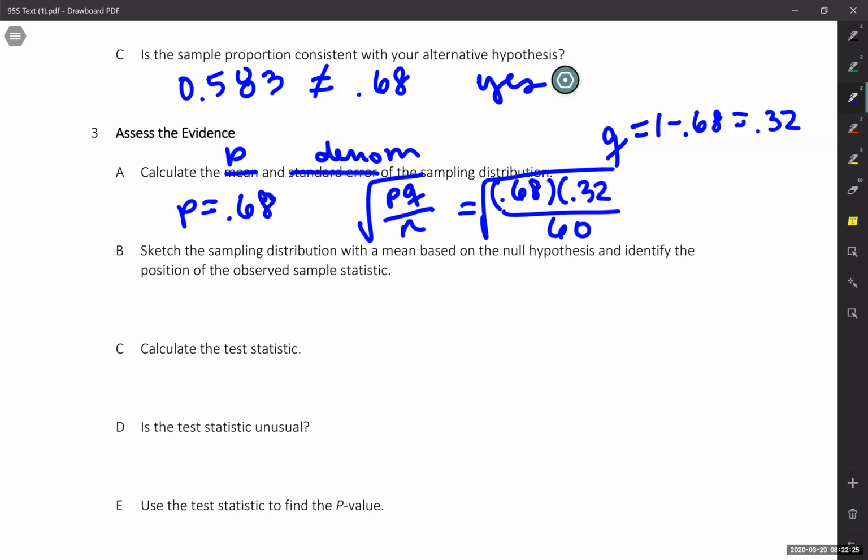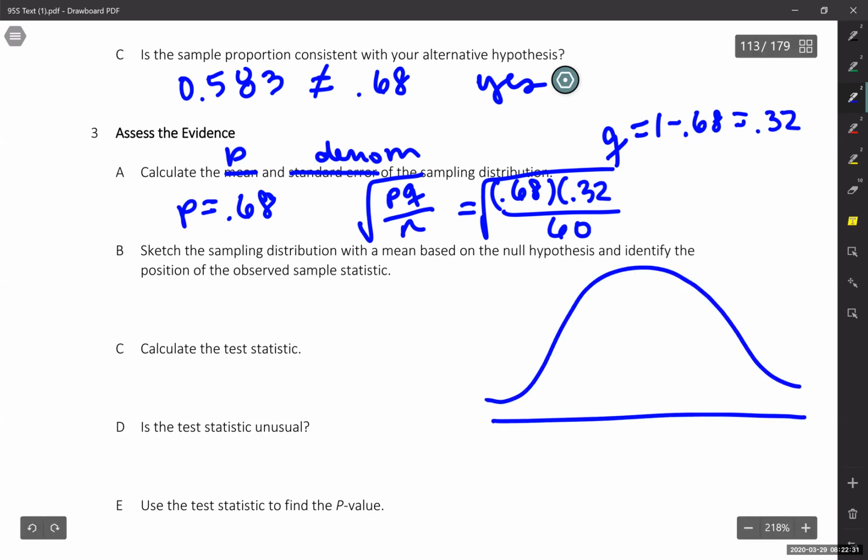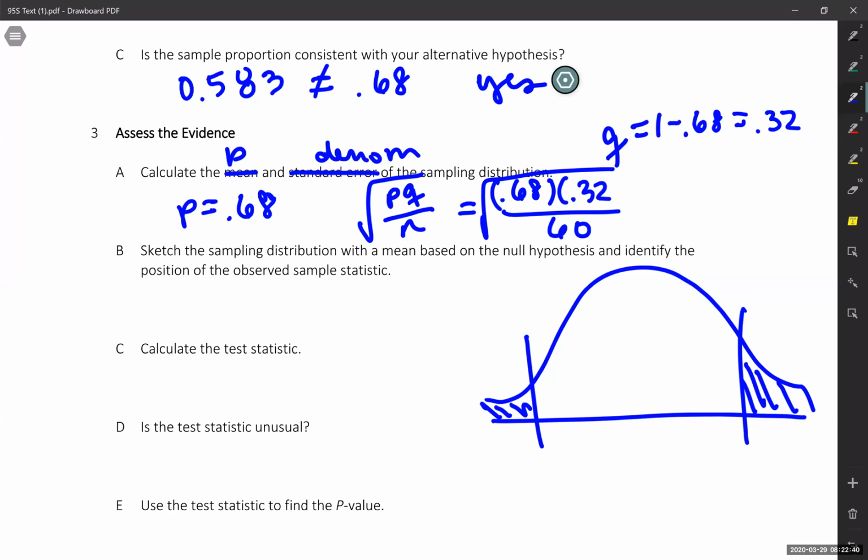And so this is a two-tailed test. We are still using that yellow paper. And so our alpha is 0.05, and this is two-tailed.